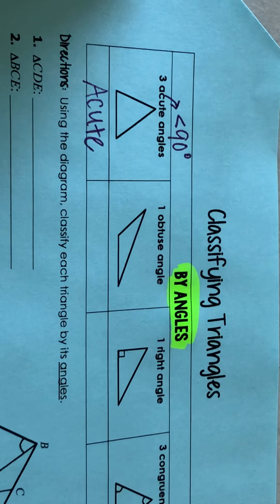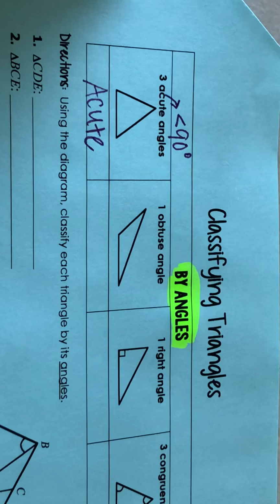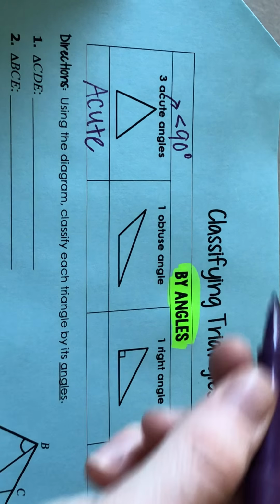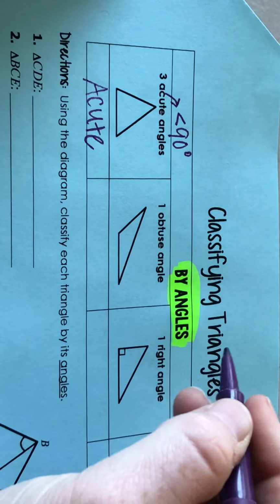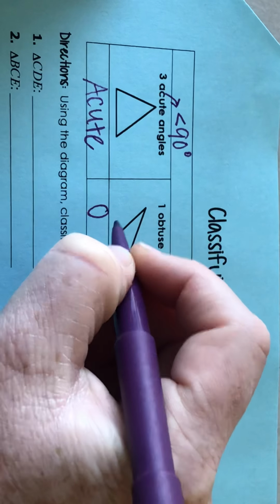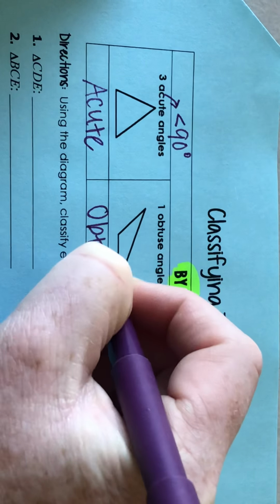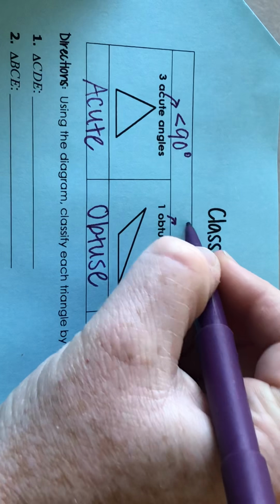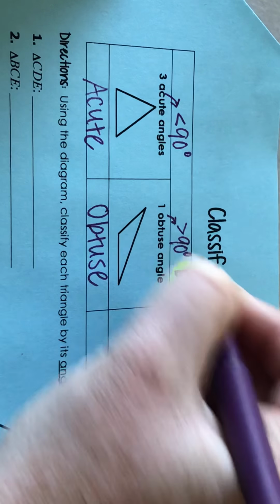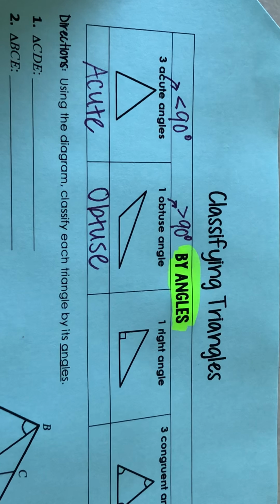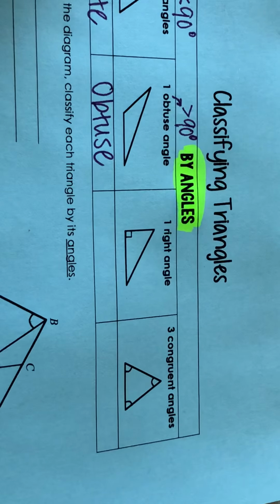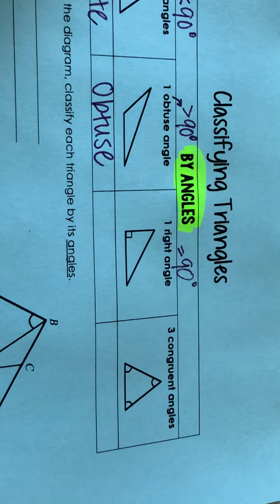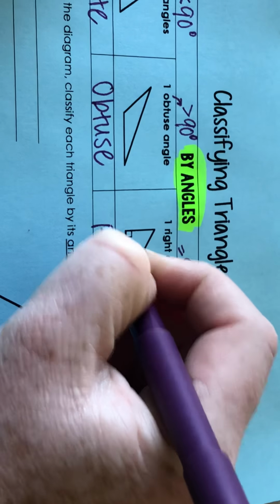If you have a triangle with 1 obtuse angle, it can't be more than 1 if you think about how the degrees add up, but that is an obtuse triangle. Obtuse means greater than 90 degrees. 1 right angle obviously means you'd have 1 angle equal to 90 degrees. That's called a right triangle.